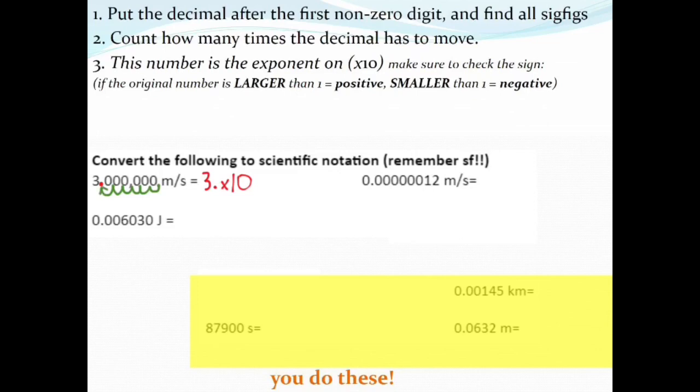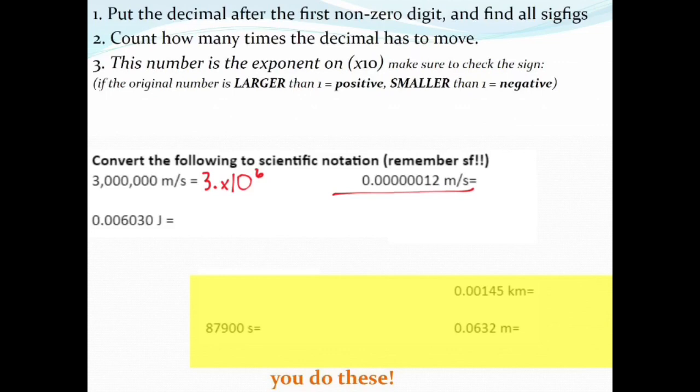Moved 6 times, so there is going to be a 6 up here. And when we're double checking things, looking at this original number, this number was bigger than 1. It's a big number. That's 3 million. So that should be a positive 6. And we can just leave that as 6 here. We don't have to write the positive sign down. So this is our shortened form of this big long number, just 3 times 10 to the 6th.